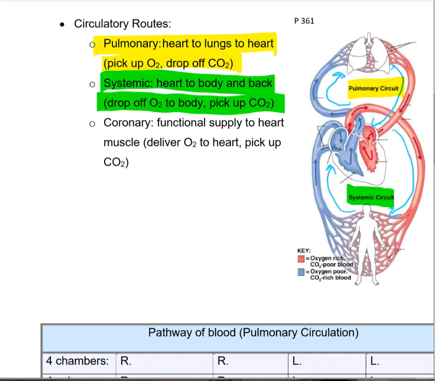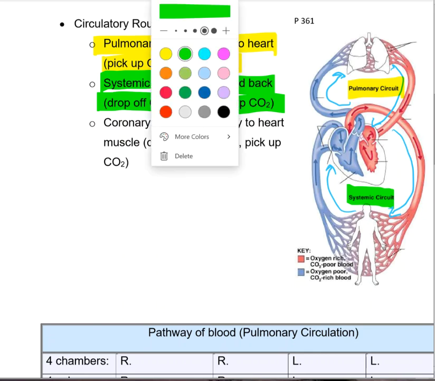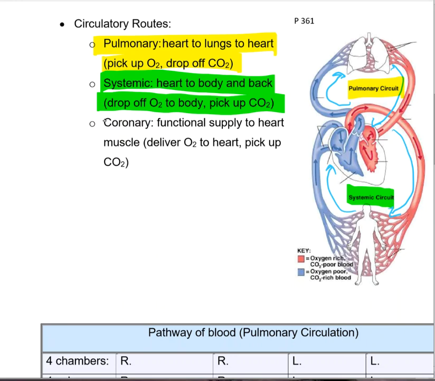Now we have one more route that blood takes, and this is in the heart itself. This is where we actually send oxygenated blood to the heart, and we give all the heart muscle oxygen and nutrients and ATP and things like that. And then we also pick up waste products here, like carbon dioxide and other waste products, and then we want to get it out of the heart, so we can get rid of those waste products.